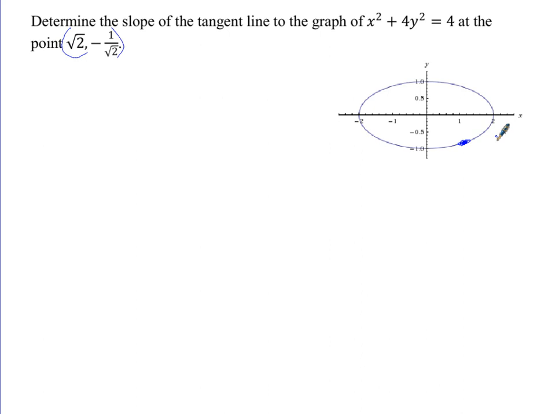Should be positive, because my tangent line will look something like this. Okay? So that's a positive slope, and maybe around 1, I don't know. Certainly not really steep though, so not 5. Okay? So do some sort of graphical analysis if you can.